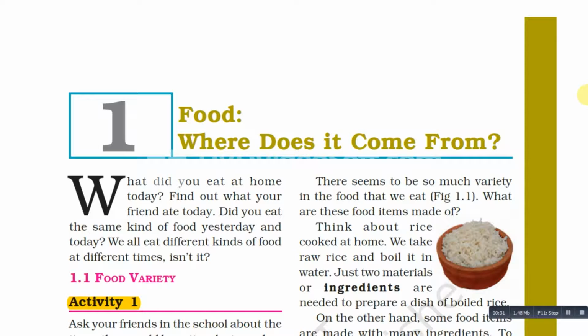Okay, so let's start. The first question that comes to our mind is, why do we require food? Food is a very essential component. Water, food and light we need to survive, to live life on the earth.